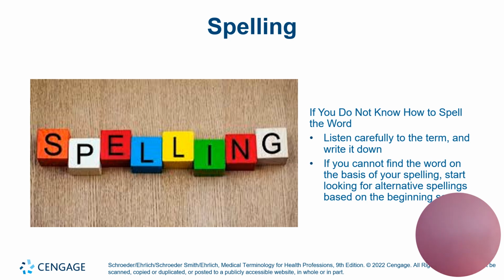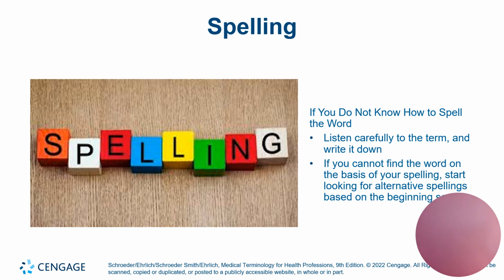Now, spelling of medical terminology can be kind of tricky, and there's not a lot of people that are really skilled at this. But if you don't know how to spell a word, listen very carefully to the term and then write it down.